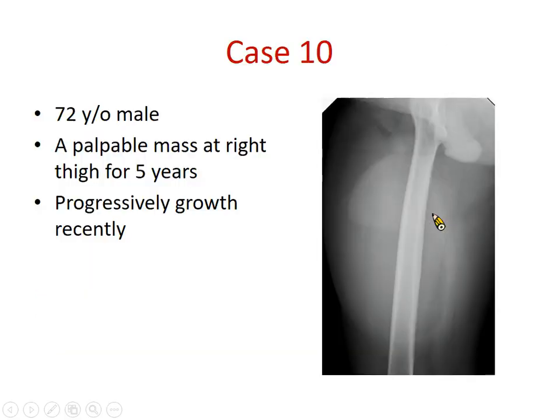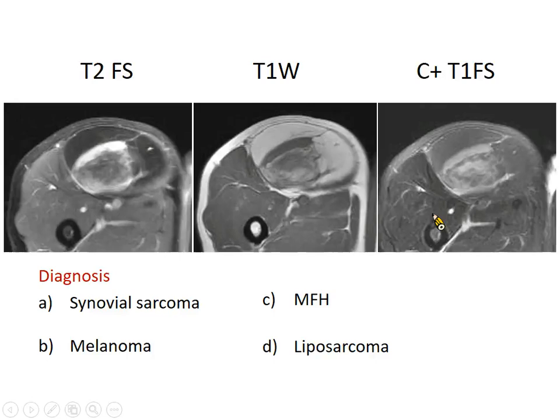The last case, 72 years old man, palpable mass at right thigh for 5 years. Progressive growth recently. Okay, the point is growth. Okay, everyone should know this case. T2, fat-suppressed.